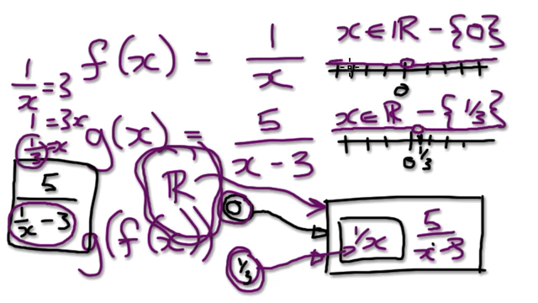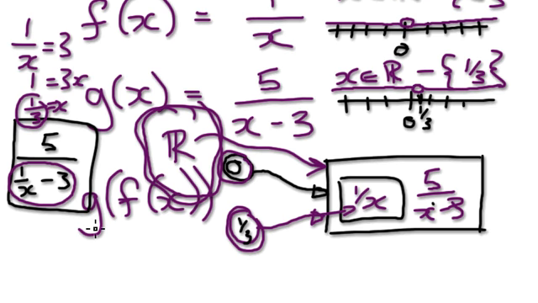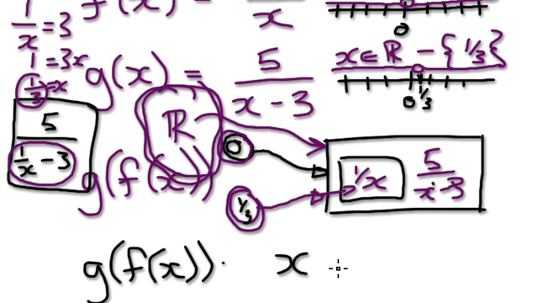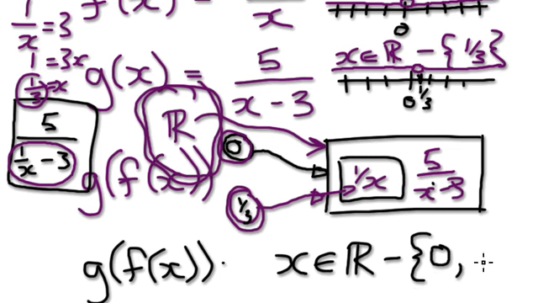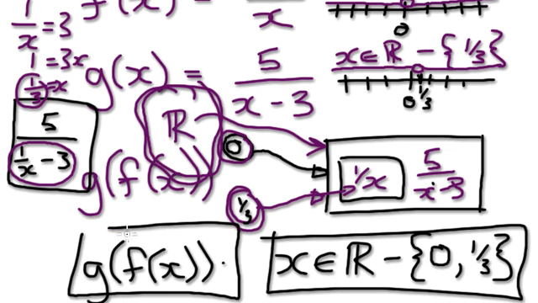So overall, the domain for g of f of x is x belonging to anything on the real number line except for the two elements 0 and a third. This is your domain for this composite function.